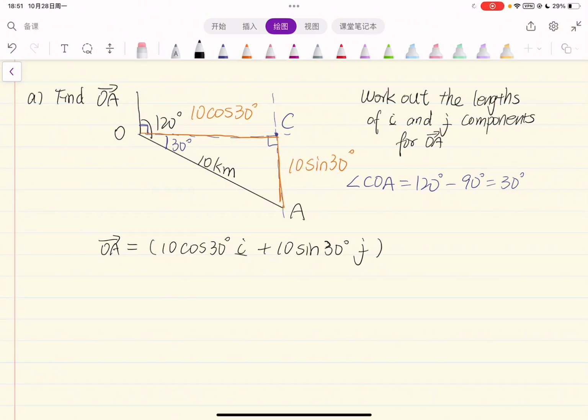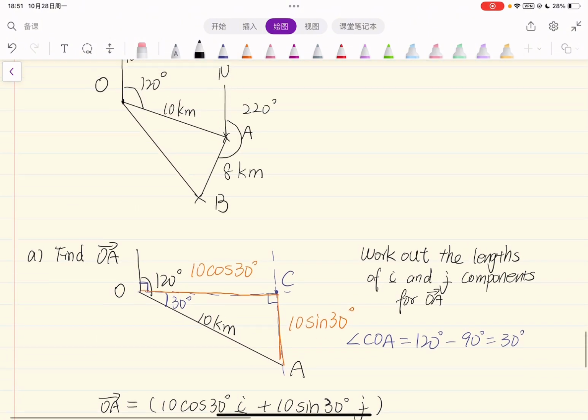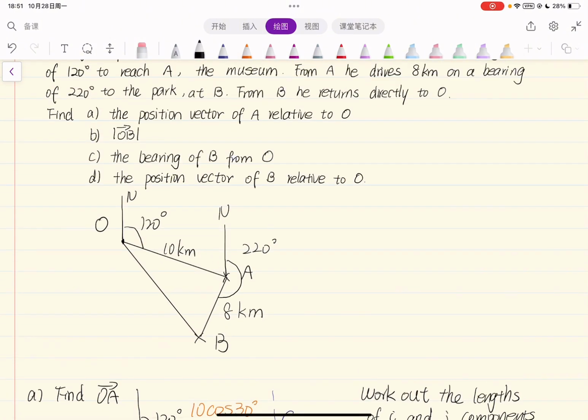By using the calculator, you will get the vector OA equals 5 times square root of 3 i plus 5 j kilometers. So here is the answer for the position vector of A relative to O. Now let's move on to see the part B question. It asks you to find the magnitude of the vector OB.